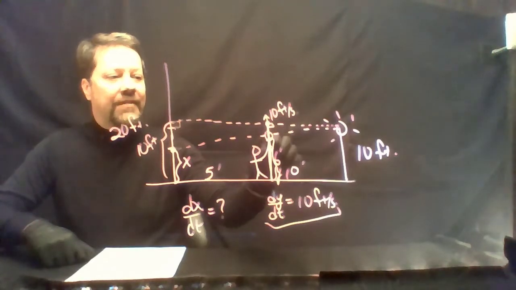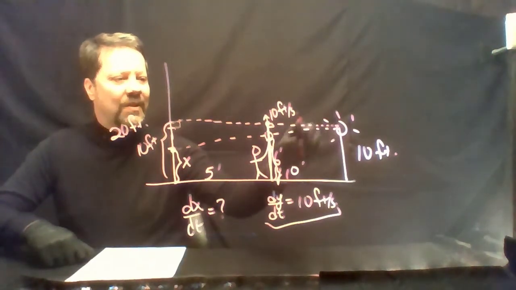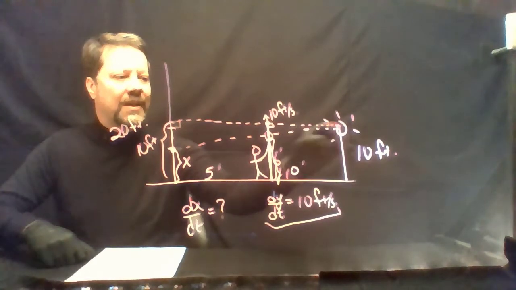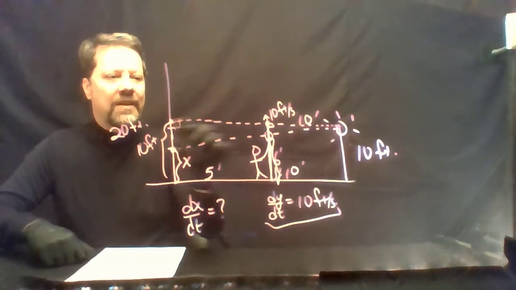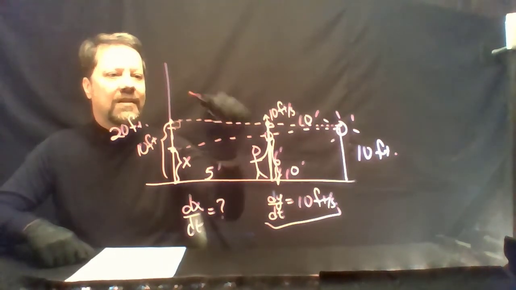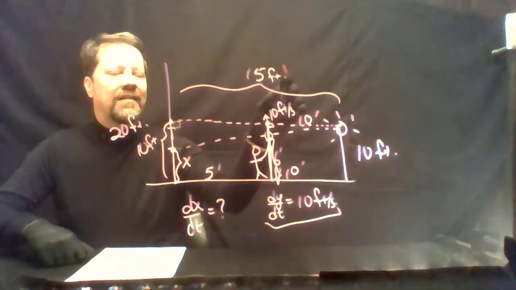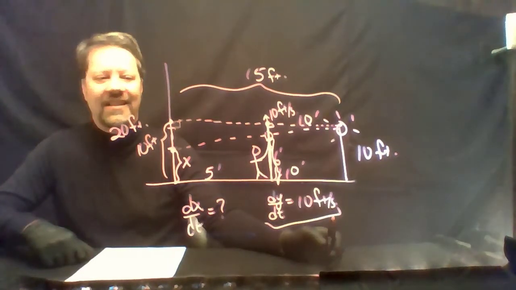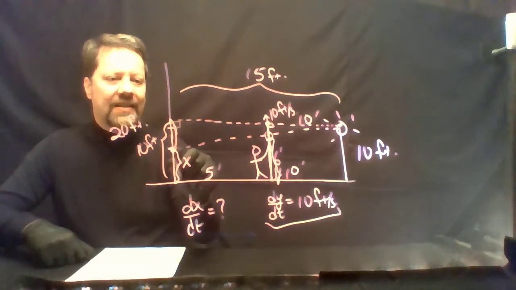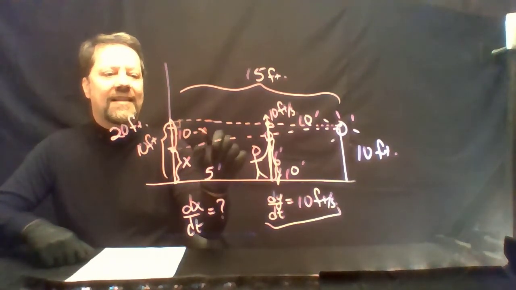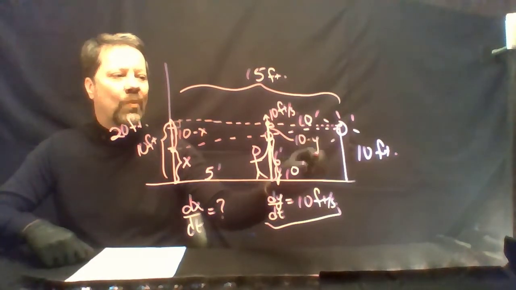We also have similar triangles, where this distance from here to here is 10 feet. This distance from here to here is going to be 15 feet. Now, this side is going to be 10 minus x, and this side is going to be 10 minus y.